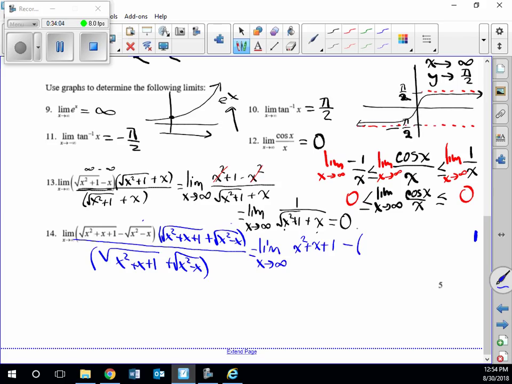If I multiply those, that's going to be x squared minus x. Notice I put parentheses around them. You have to have those parentheses there. So let's put the denominator back in there: the square root of x squared plus x plus 1, and then a plus the square root of x squared minus x. There we go. That's our denominator.